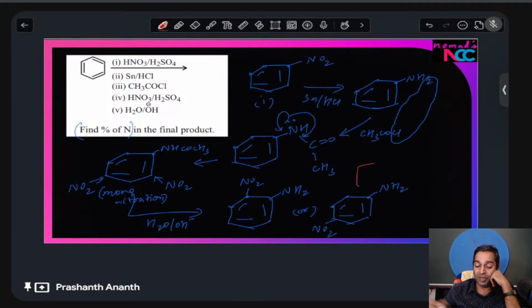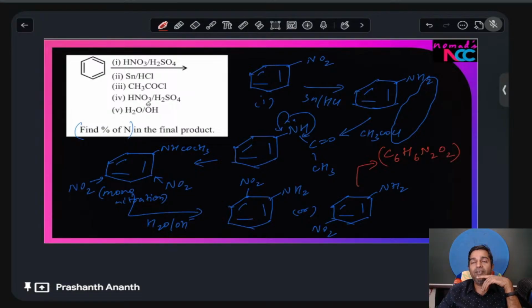Since I am solving the paper anyway, I might as well sit and solve it fully. So having two nitrogen atoms, the formula finally is going to be C6H6N2O2. So what is the molecular mass here? O2 is 32, plus N2 is 28, so that is 60. 60 plus C6 is 72 plus H6, 78.